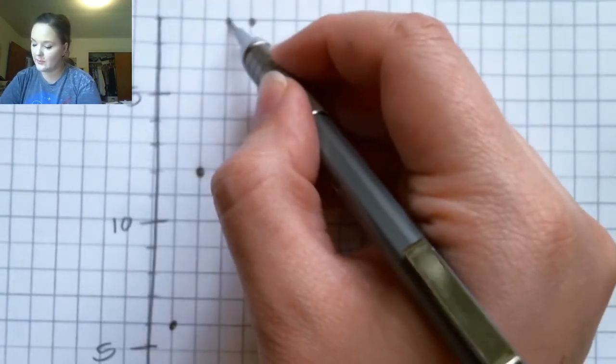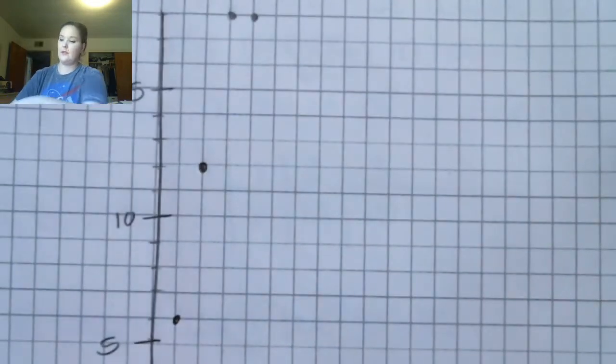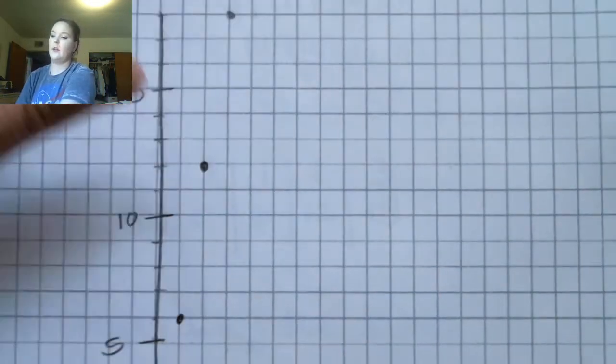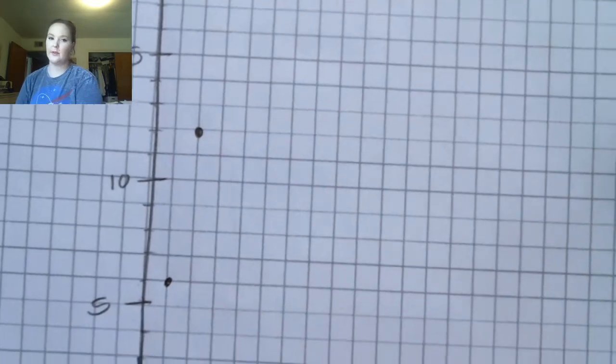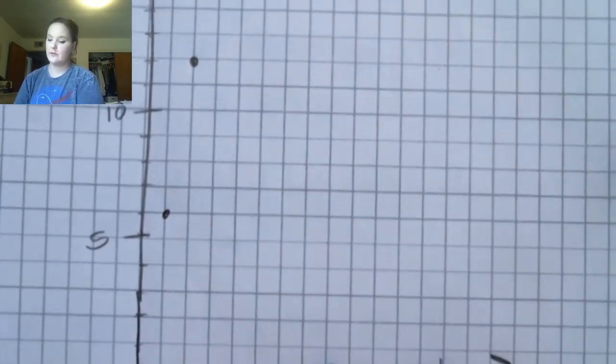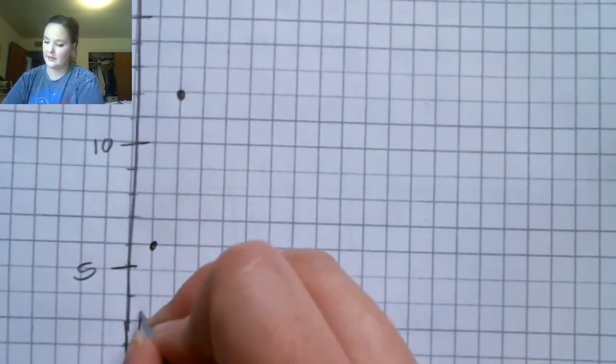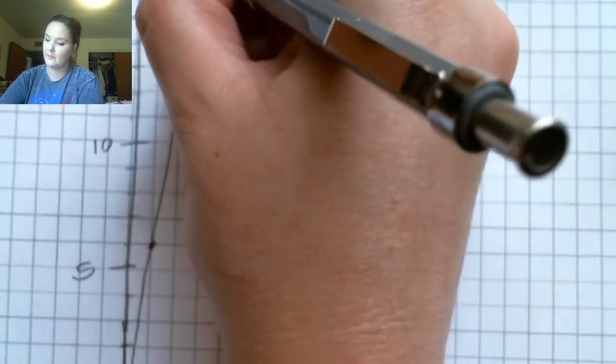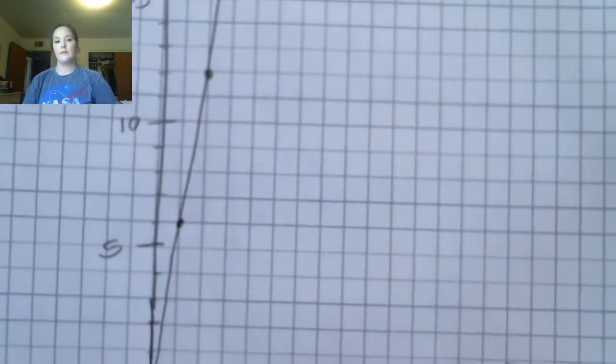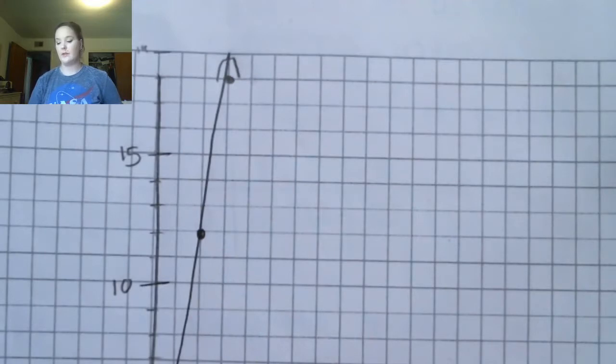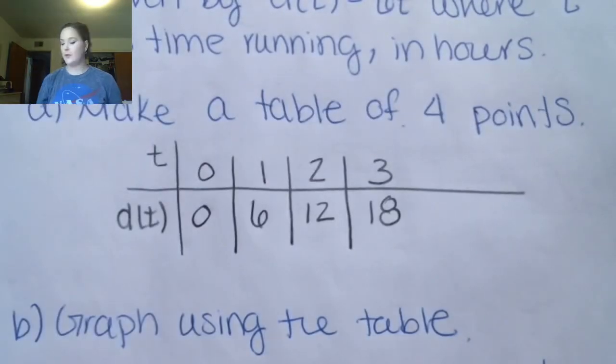Oops, this point should actually be here. I had it marked at 4, 18, but it's really 3, 18. So I'm going to take those points and connect them. So that's part B.